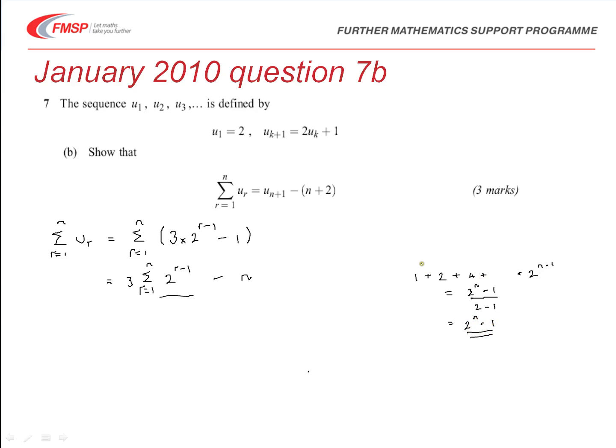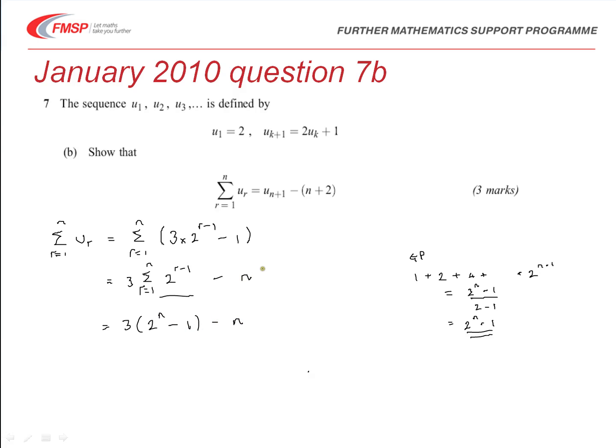So this is from your knowledge of GPs. And so now we've got 3 lots of 2 to the n minus 1, minus n.